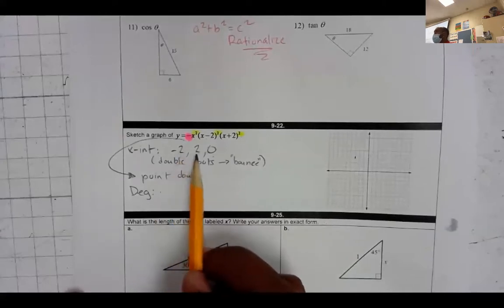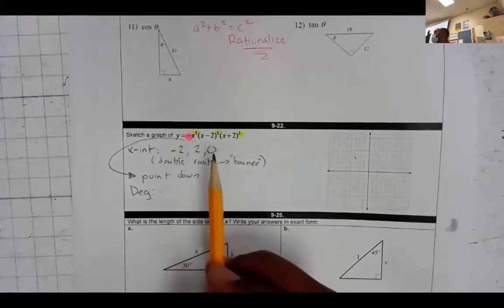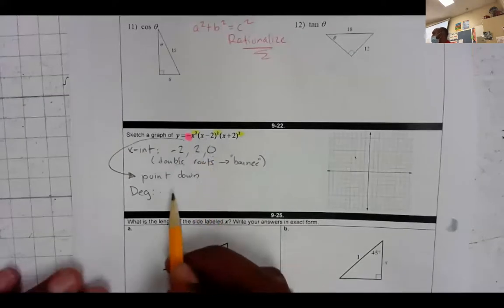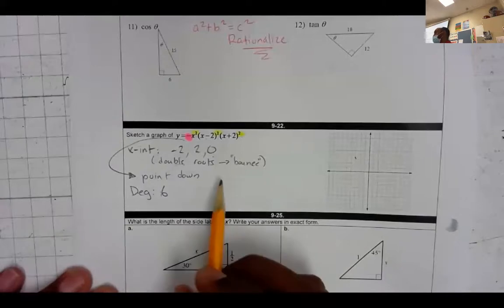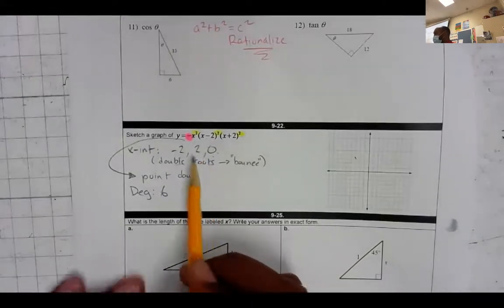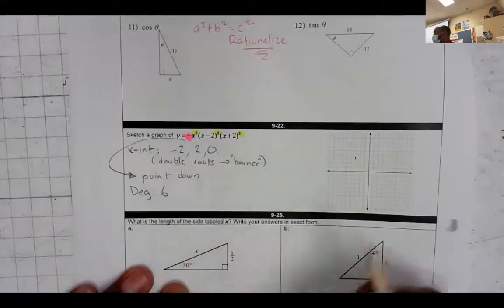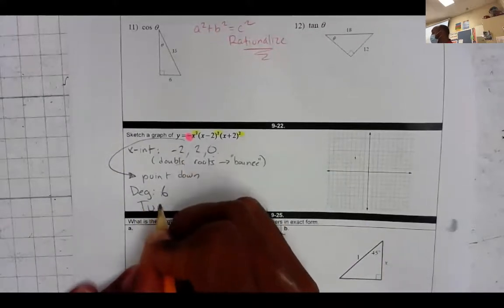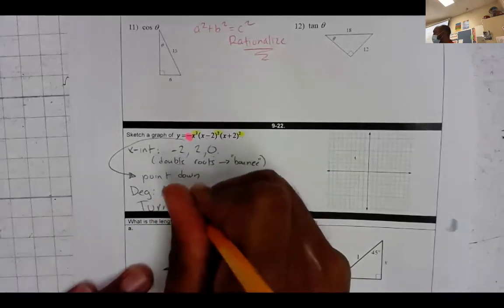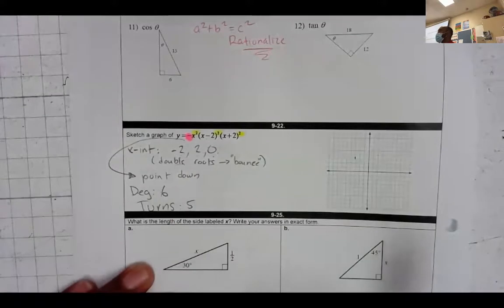So each of these counts as 2. So that means degree is 6, because you double each of these because they're double roots. Okay, so because I got 1, 2, 3, I double it, which means for the turns, because remember turns is a little bit different, how many turns would it have? The degree of 6. 5. Remember the turns is always 1 less.